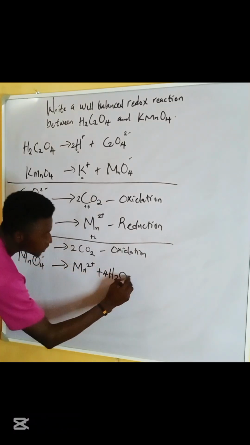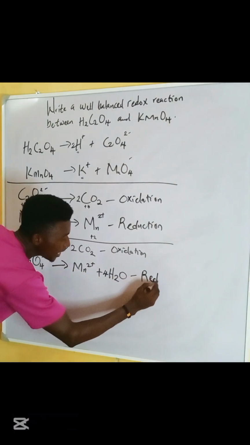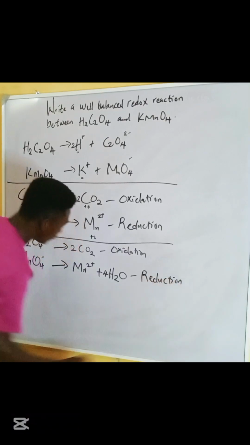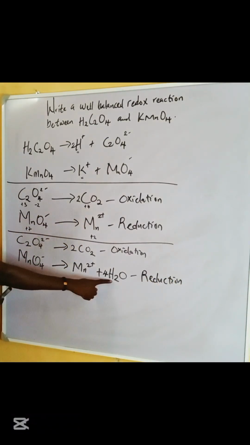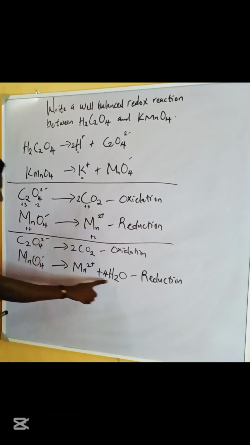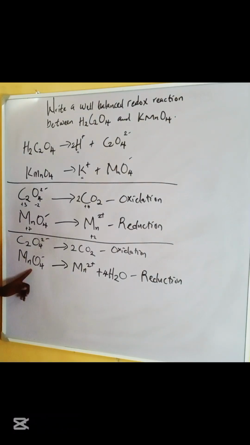Now, if you notice, balancing my atoms of oxygen made me introduce another element here, which is hydrogen. So because of that, I'm going to balance my reactant side by adding hydrogen ion. Is that clear? By adding hydrogen ion. And because I am balancing by the addition of hydrogen ion, I call this type of balancing acidic medium.